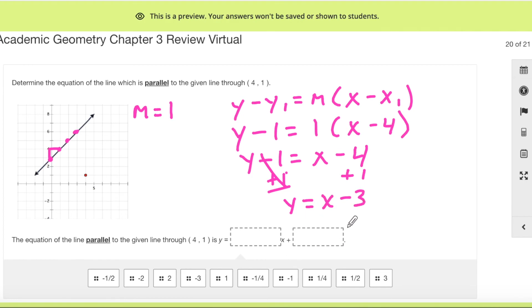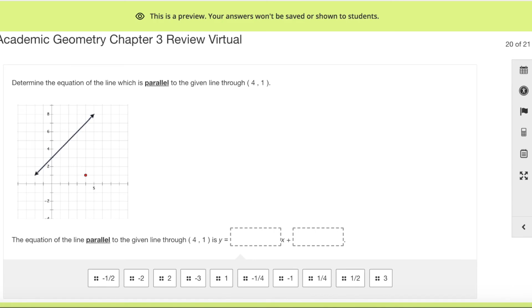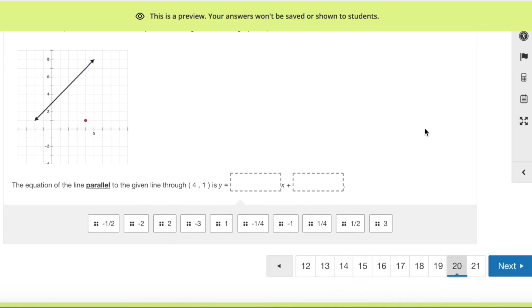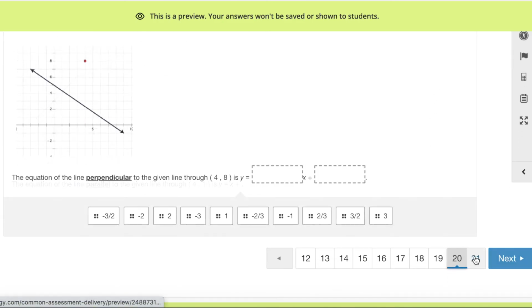And once I get that, this is y equals x, which is really a 1x. So I'm going to take the slope of 1, put it in the front, and a -3 for a y-intercept. So I'll take this and I'll drag and drop it into the back. And we have one more example of a similar problem.